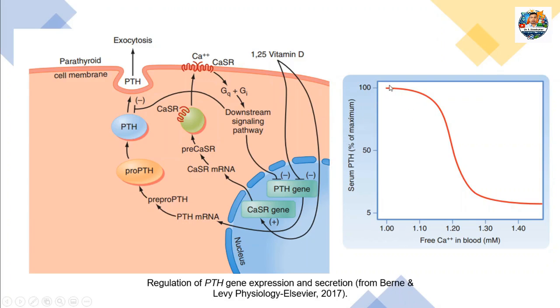But as this parathyroid hormone results in the production of more calcium from bone, the concentration of calcium in the blood increases. When the calcium concentration increases, the serum parathyroid hormone level decreases. So it remains at a basal level at high calcium ion concentration in the blood.